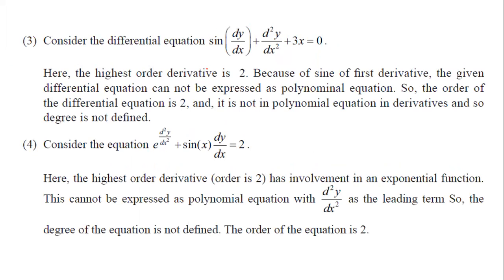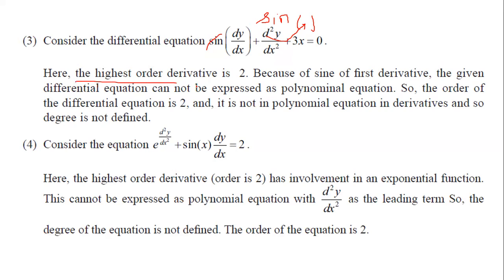Next is the third one. Consider the differential equation sin of dy by dx plus d square y by dx square plus 3x equal to 0. Here the highest order is 2. In case the sine is applied to d square y by dx square, then the order is 2 but the degree is not defined.